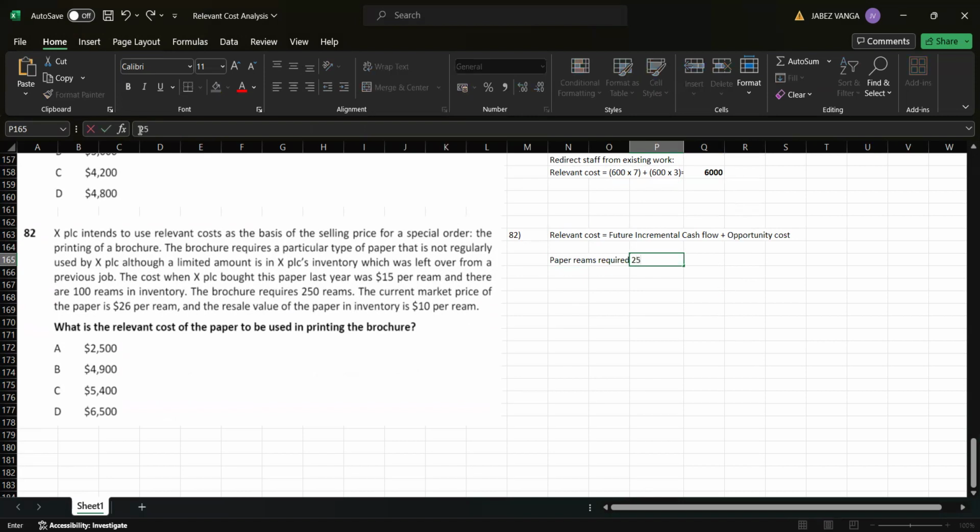Totally 250 paper reams are required. Available inventory is 100.